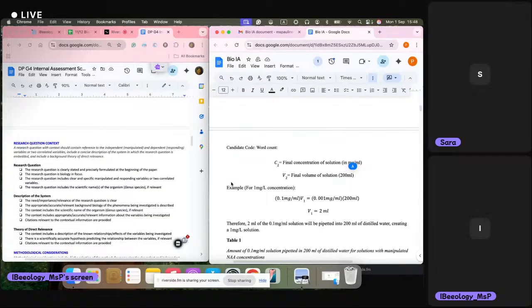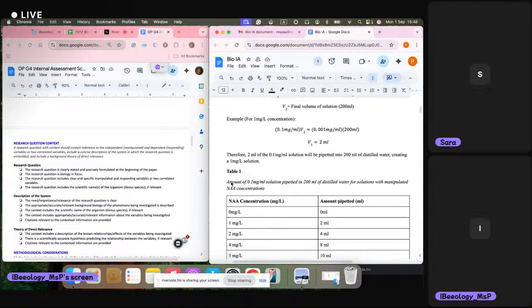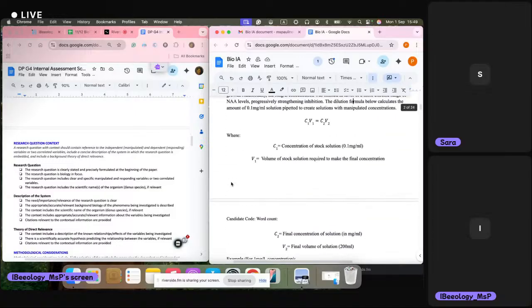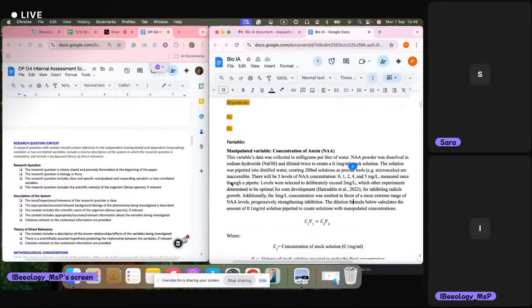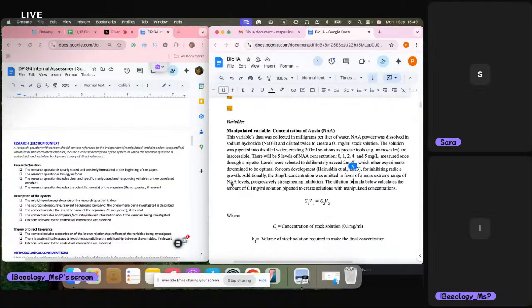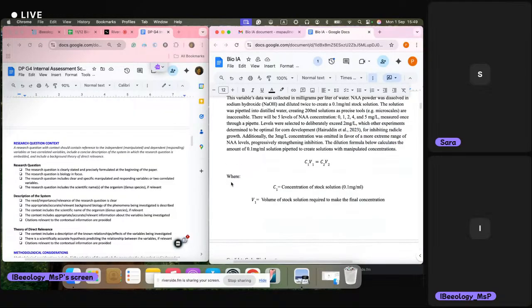How did we go from here to now making the concentration? Because I thought that you are only introducing us to the manipulated, dependent, and control variables. You know what I'm talking about?